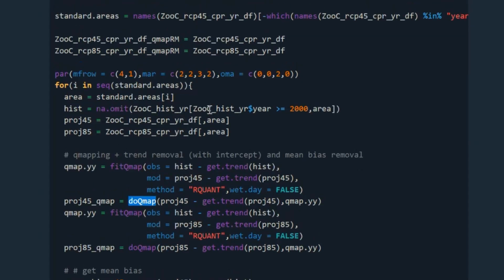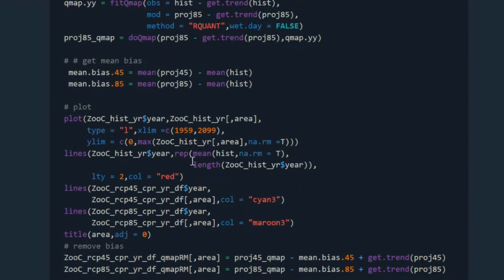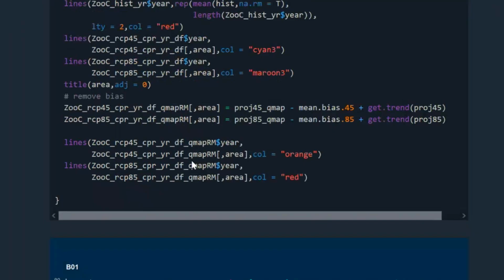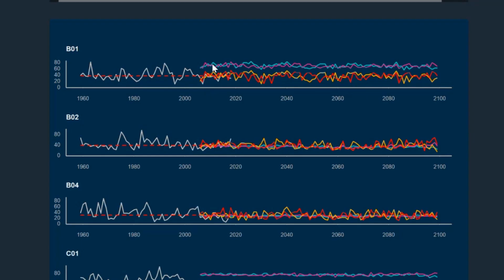First, removing the mean bias and the trend removal to preserve the trend also in the projection period. And then what we get here is way better. So as you see, the RCP 4.5 and 8.5 in B01 first were having a lower variance than the historical record, and were lying also above the historical record. Whereas when you correct for both the mean and the variance, they continue quite smoothly now.